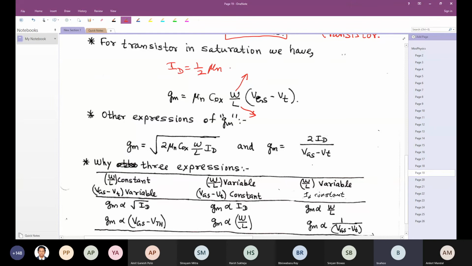ID equal to 1/2 mu n Cox W over L (VGS minus VTH) whole squared (1 plus lambda VDS), right? This is the exact expression for the current. Now, using this expression, for now let us ignore the channel length modulation for the gm expressions.